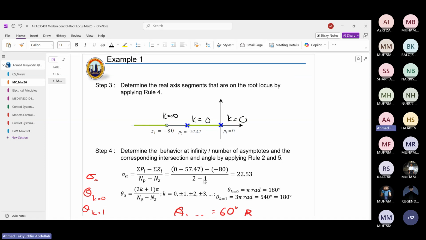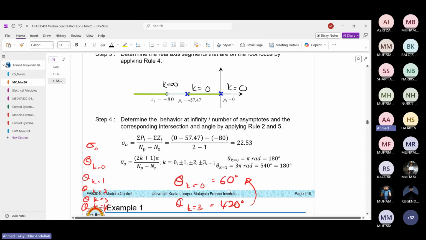Okay. So by all means, try to substitute k equal to 0, and so on up to k equal to 1, and try to get the same answer as this.